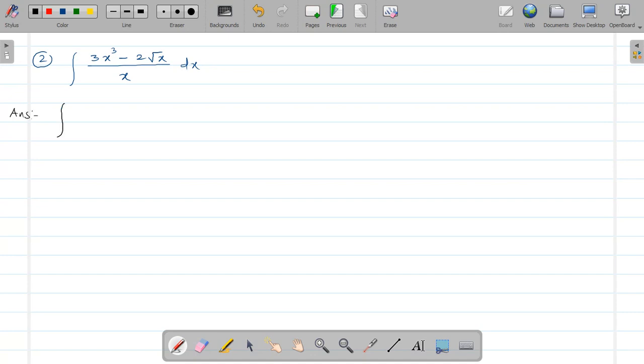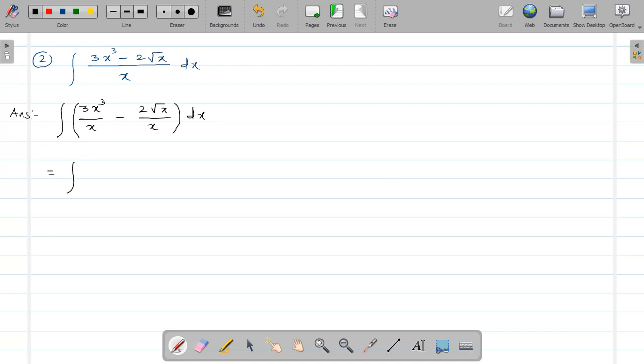So I will write the integration as 3x cube upon x minus 2 root x upon x, and we have to evaluate the integration with respect to x. So take the separate denominator so that you will get the proper terms. Now we will evaluate the separate integrations because there is a minus sign.